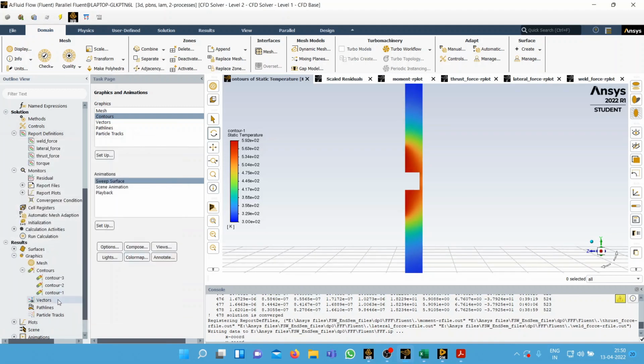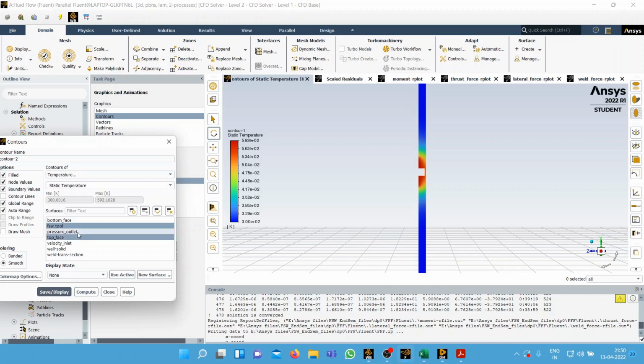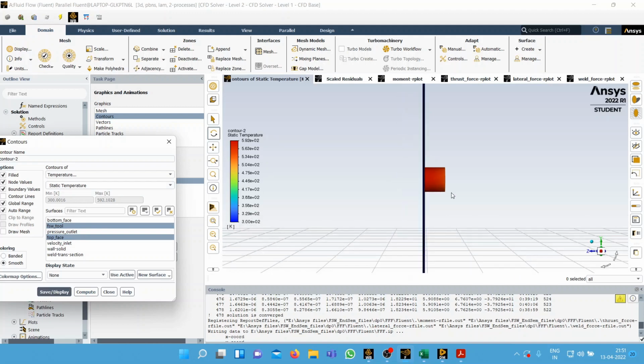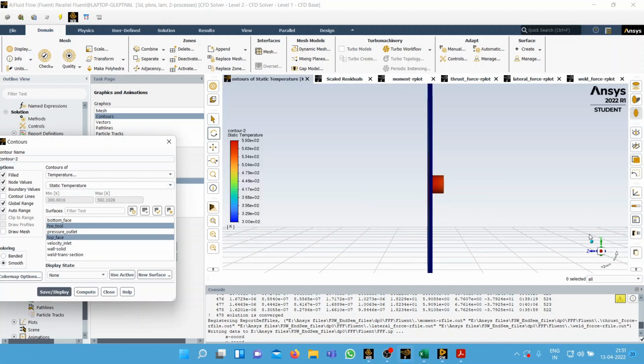Then after that, what I have done is the weld temperature distribution on the top face. Generally, I have taken the top face and the friction stir welding tool region. The static temperature is also computed here. Here we can see how the temperature varies. Here it is a side view, it is not properly visible.